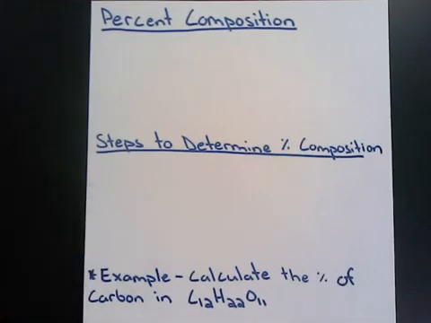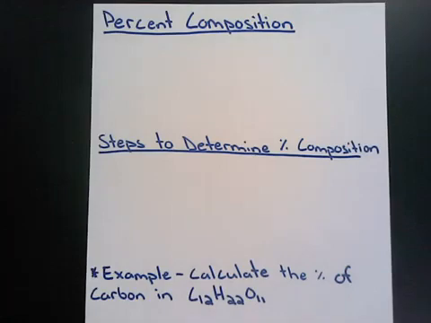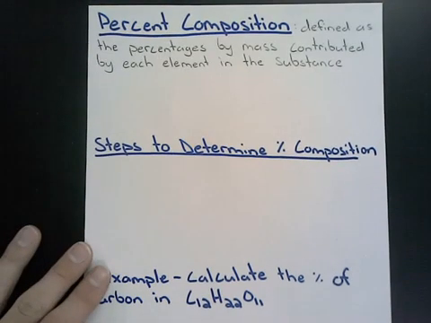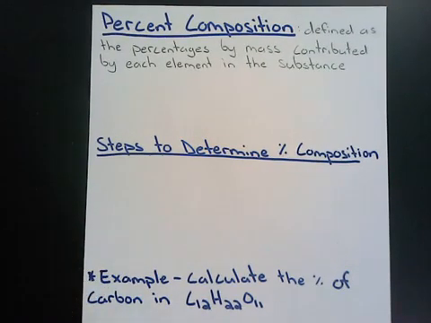So for percent composition, we're going to start out here with just a simple definition. The percent composition is just defined as the percentages by mass contributed by each element in the substance. And that's fine and dandy that we have that definition, but more important for us is a formula.